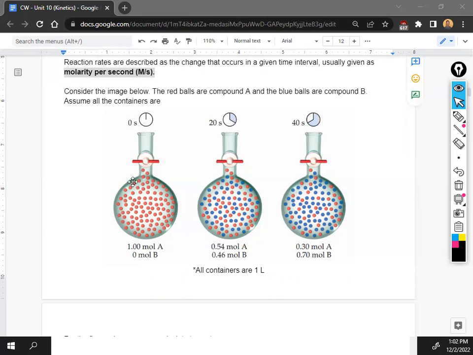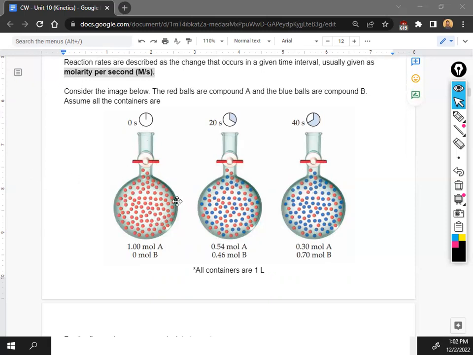And we're gonna assume that this is the same system, but at different time periods. So this one right here is at time 0. This is at 20 seconds, and this is gonna be at 40 seconds. So the red balls are turning into the blue balls. I know, get it out of your system, okay?